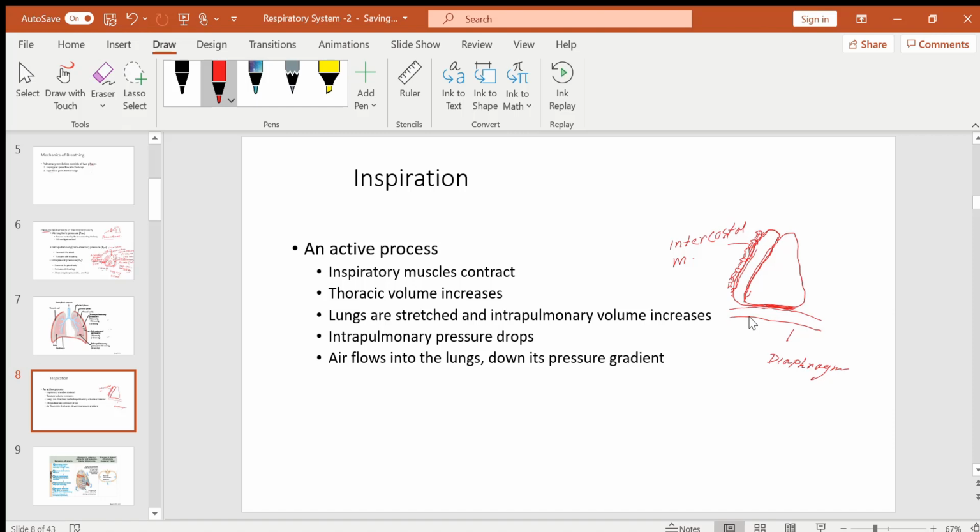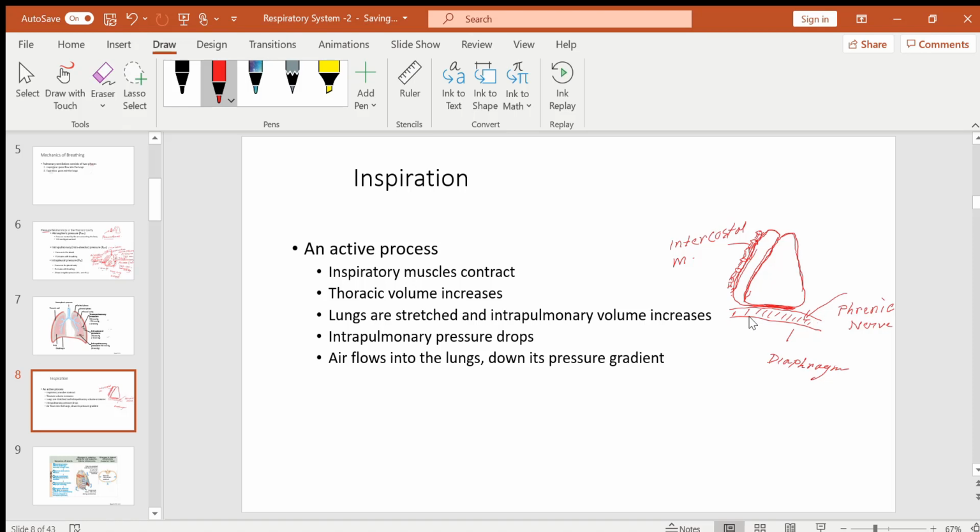Okay, now what happens when we inspire the air? Before the air gets in, a signal goes to the diaphragm by the phrenic nerve. This nerve brings the signal to the diaphragm, and the diaphragm contracts.